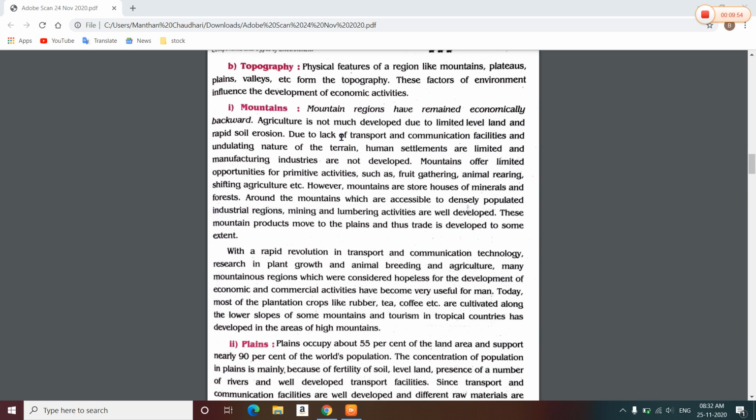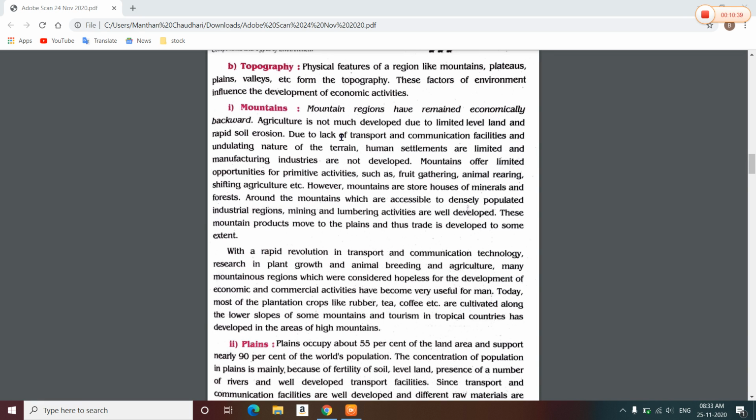Limited development of transport and communication, limited level of land, then rapid soil erosion, and mountains have an undulating topography, then underdevelopment of other facilities. Mountains offer limited opportunities for primary activities like food gathering, animal rearing, shifting agriculture, etc.